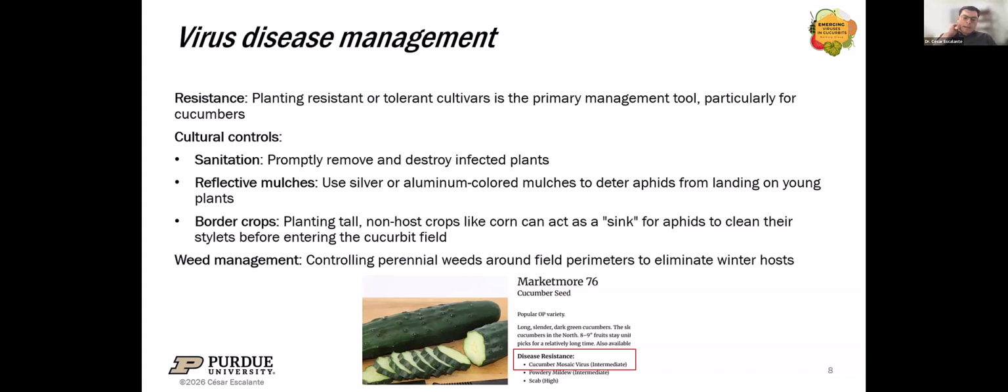Another important thing to keep in mind is that sometimes if we see aphids, we tend to apply insecticides. It's very common that when viruses are transmitted in a non-persistent manner, spraying for aphids often increases the infection because the spray irritates the aphids.